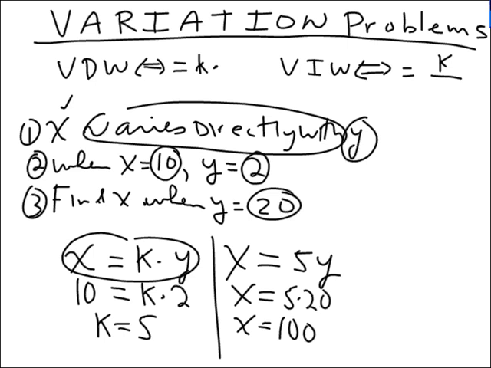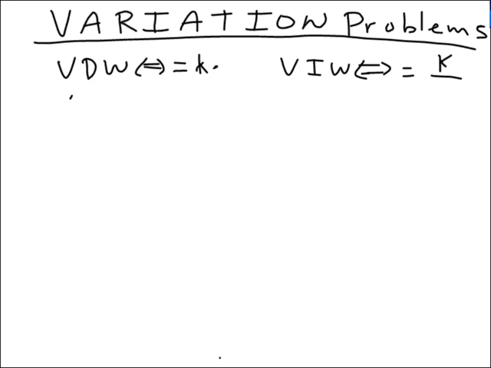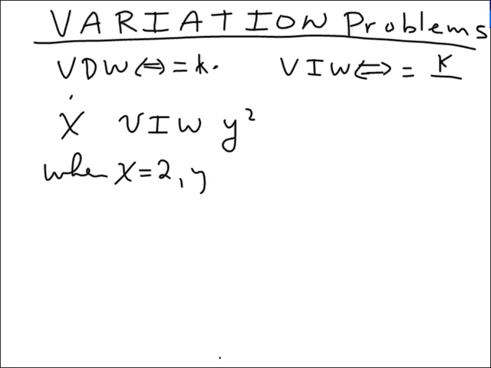Let's do one more problem, one involving varies inversely with. X varies inversely with y squared. When x is 2, y is 4.